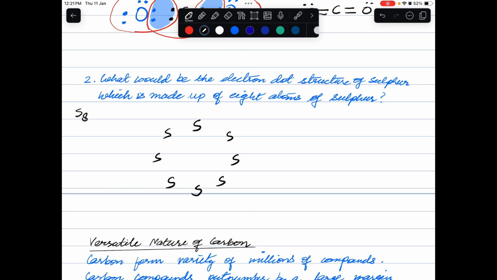Now each sulfur has 6 electrons, just like oxygen. So we will show 1, 2, 3, 4, 5, 6, and the same for the next one. Every sulfur has 6 valence electrons. So this is how the electrons are arranged.